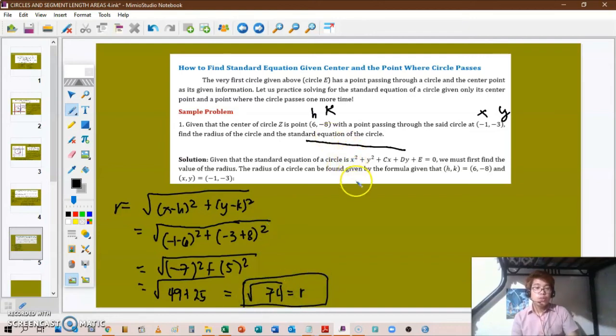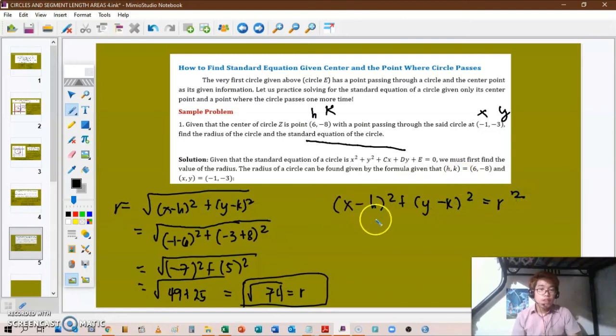To solve for the standard equation, we just simply write the general equation first for the circle Z that we have here. So it's going to be (x − h)² + (y − k)² = r².